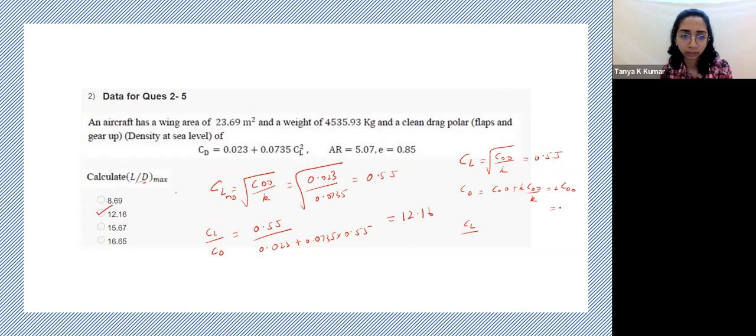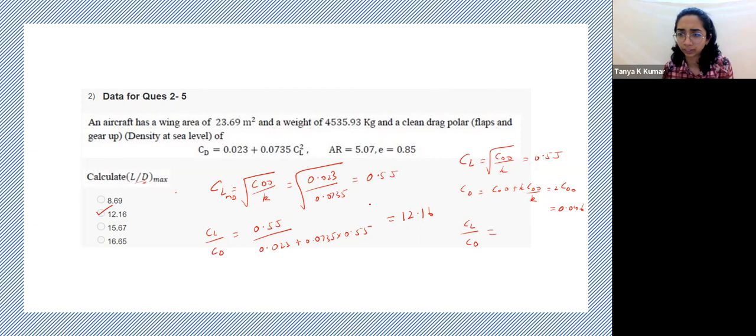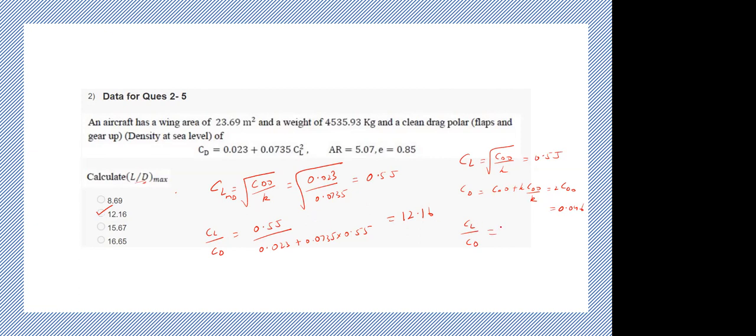This value will be how much? 0.046. CL by CD, just divide these two. Yeah, it's coming around 12 only. Okay, just verify your answers again. Yes, ma'am, 12.